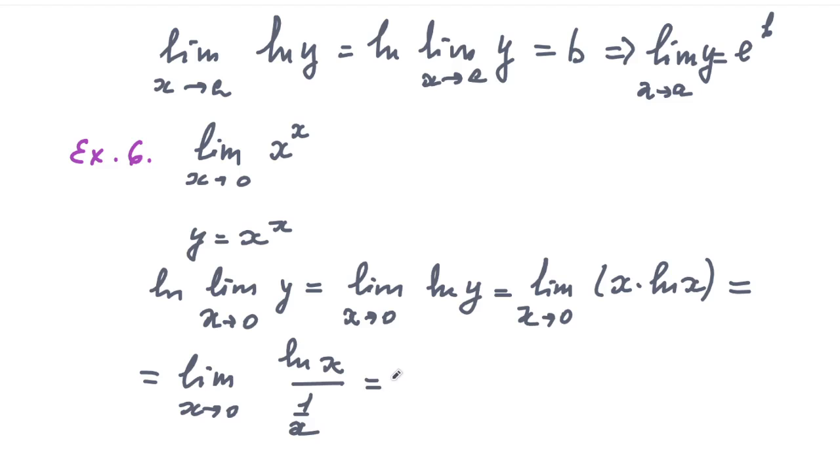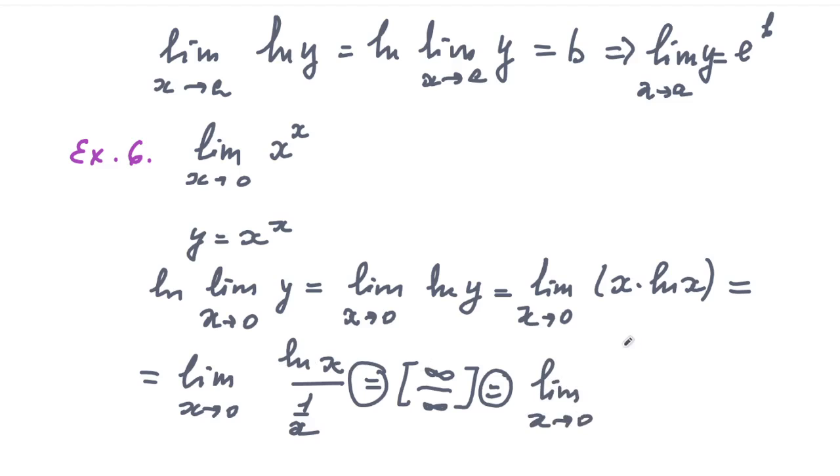Here we have infinity over infinity, use the rule of L'Hopital. We have limit as x approaches 0, derivative of natural logarithm of x is 1 over x, derivative of 1 over x is minus 1 over x squared. If we calculate, we have minus limit as x approaches 0 of x, or just 0.